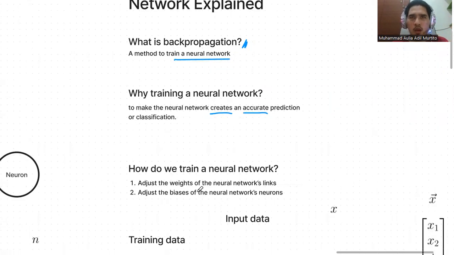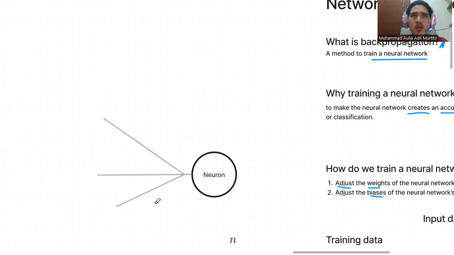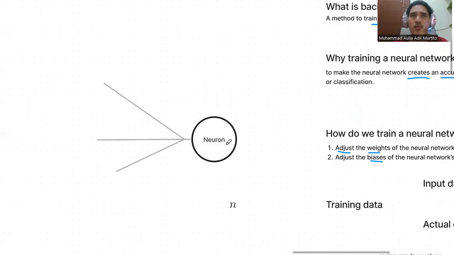Well, we have to adjust the weights of the neural network's links and the biases of the neural network's neurons. Now, just a quick review, what are weights and biases? Well, if we have a neuron, like so, this neuron will have links, right? Which are the ones that give the neuron inputs. Each link has its own weight.